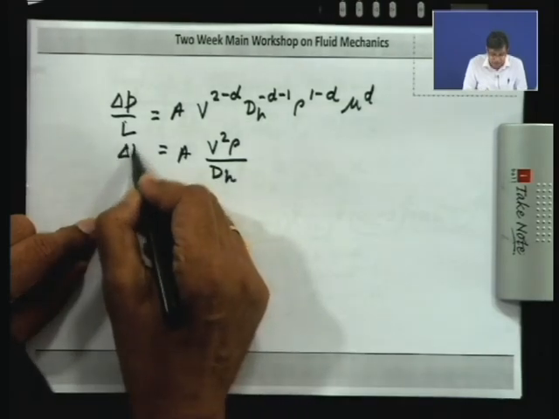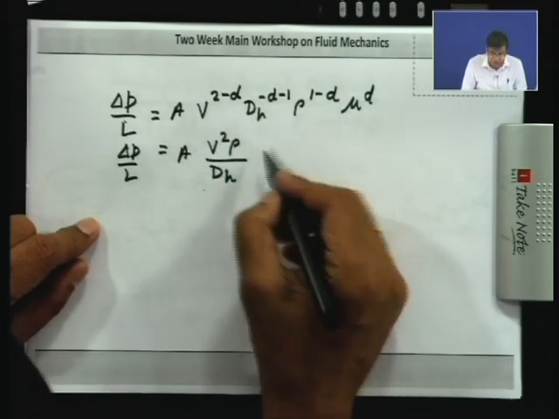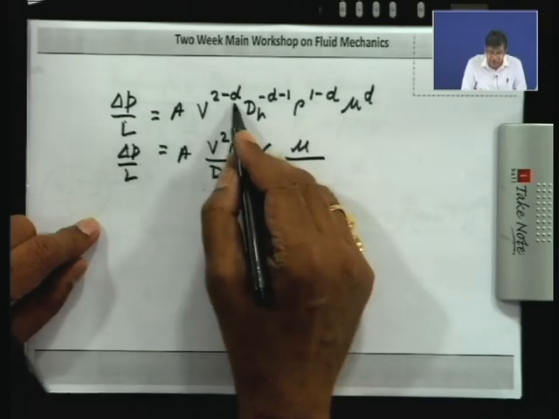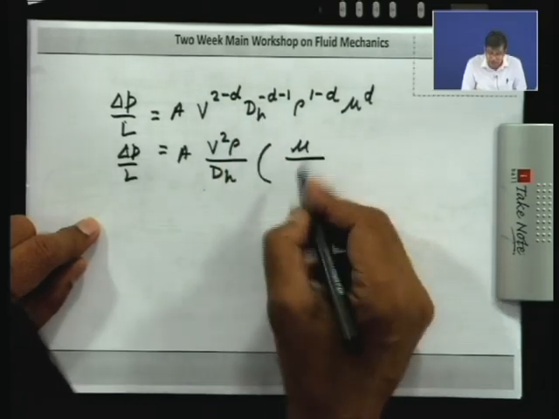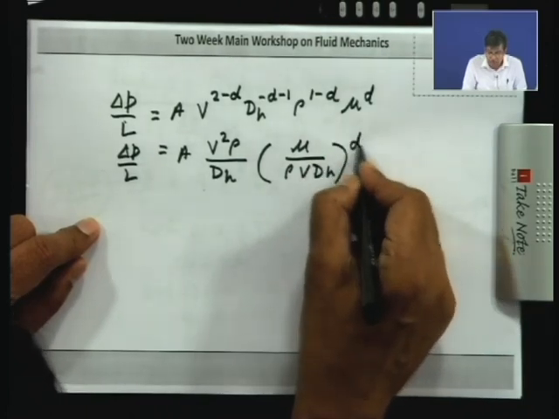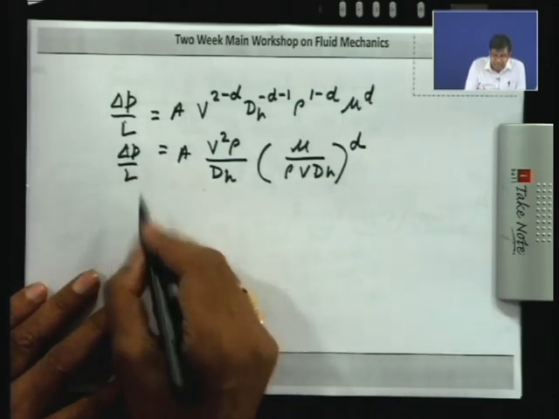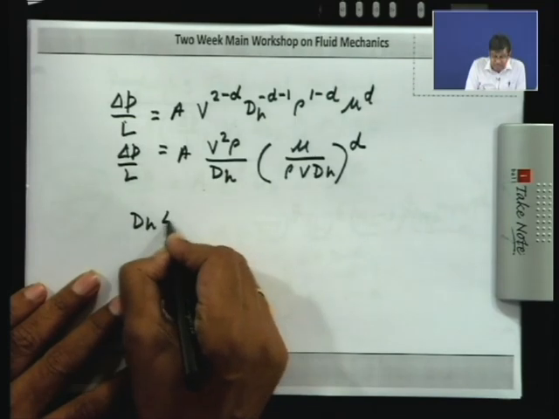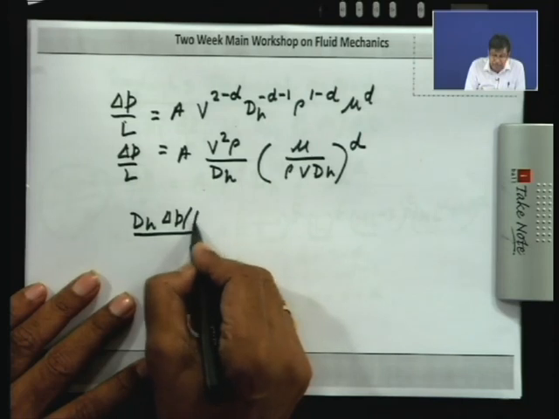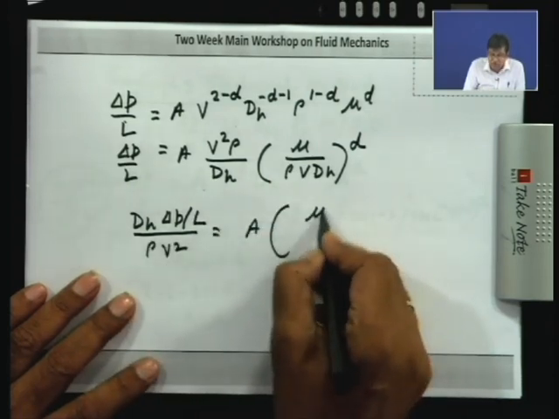So, delta P by L is A V square rho by DH, and then all D will come, that means mu by, with indices D, that is V, that is D, that is rho, that means rho V DH to the power D. That means this is the relationship. Now if we take it here, then DH delta P by L rho V square is A into, then this also gives the same thing.